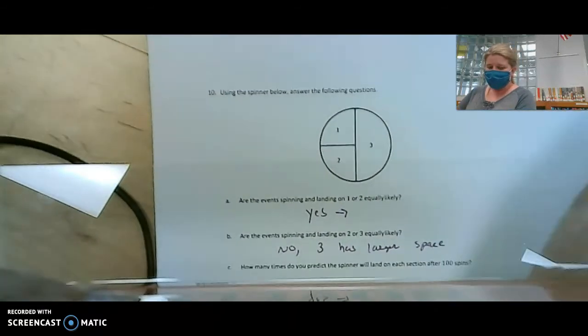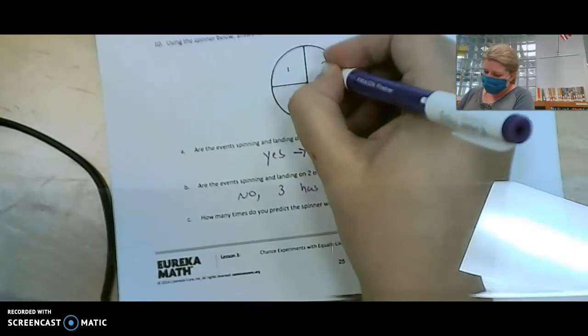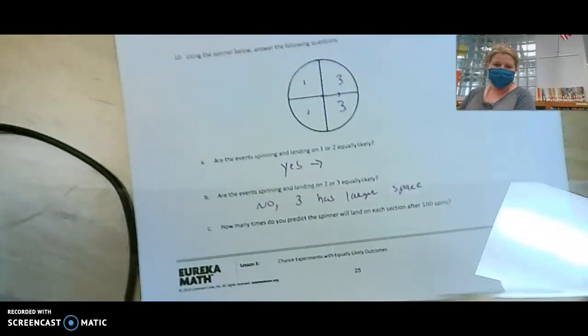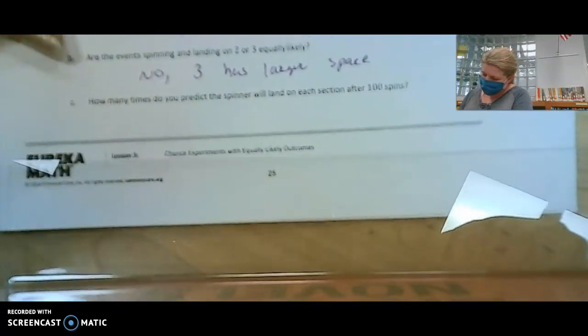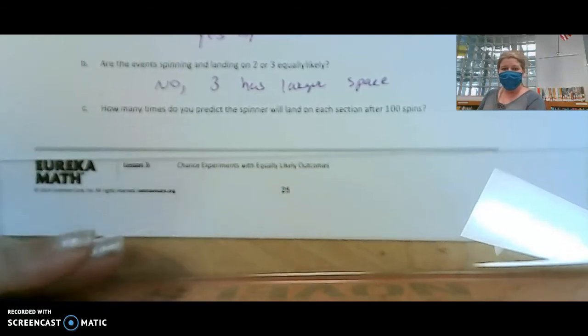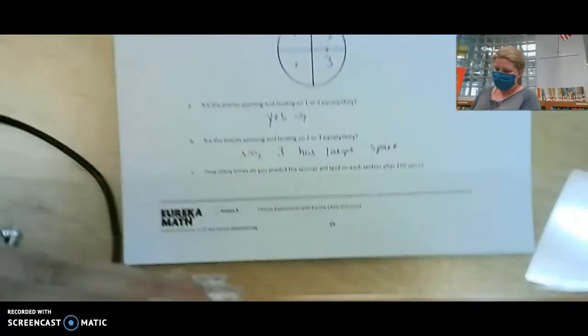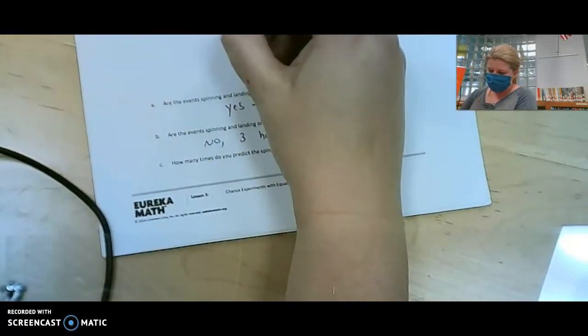And if you actually kind of separated it, so we had even pieces, you could see there would be 2 sections that would have the 3. How many times do you predict the spinner will land on each section after 100 spins? Well, when I see 100, I automatically think percentages. So this is 25%.